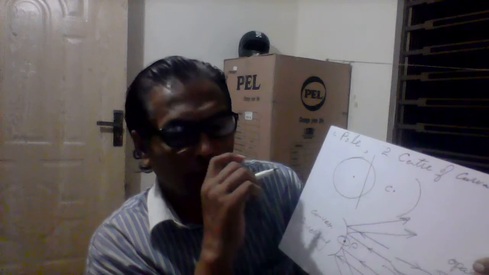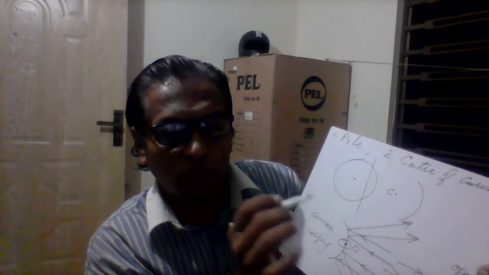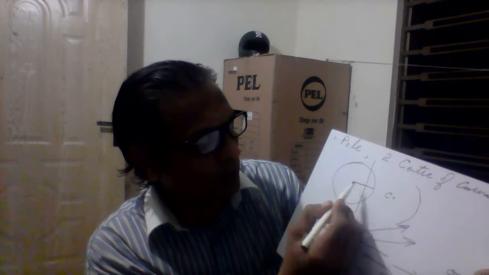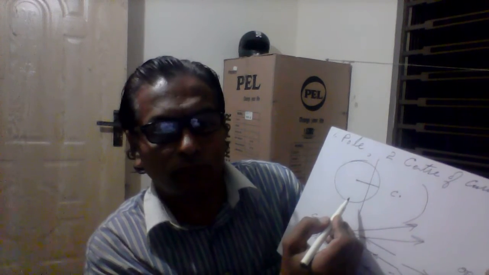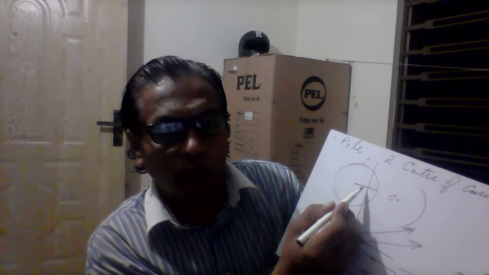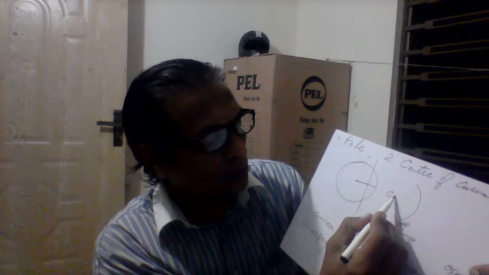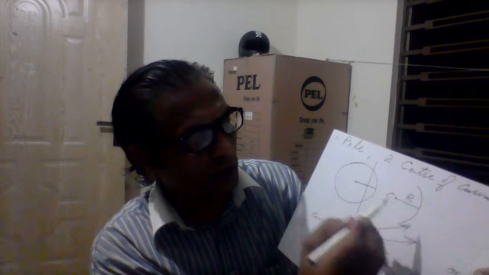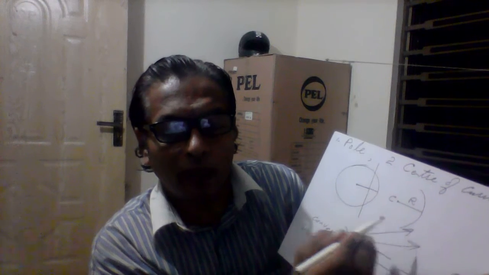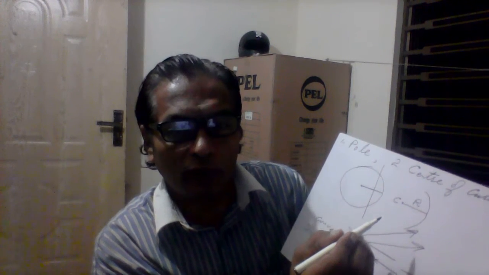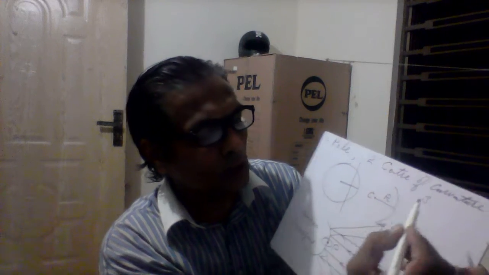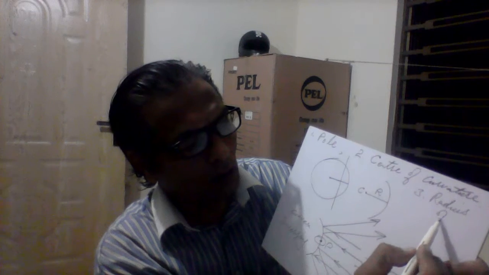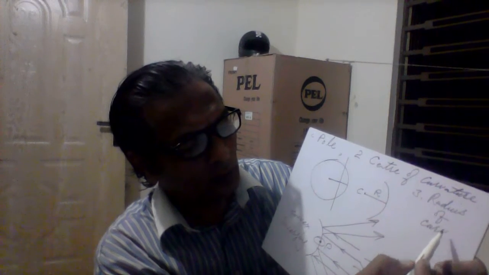So is it clear? The third definition is also easier. This is the radius of the hollow sphere, and that radius of hollow sphere will be called radius of curvature for this spherical mirror. Again, how will you define the third term? Third term is radius of curvature.